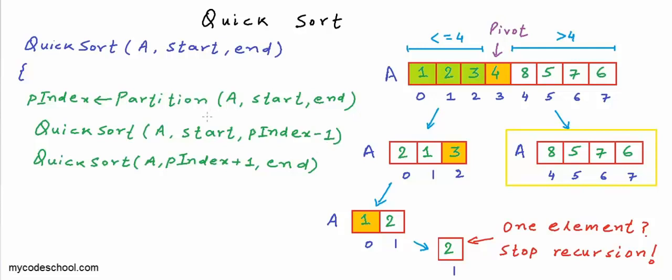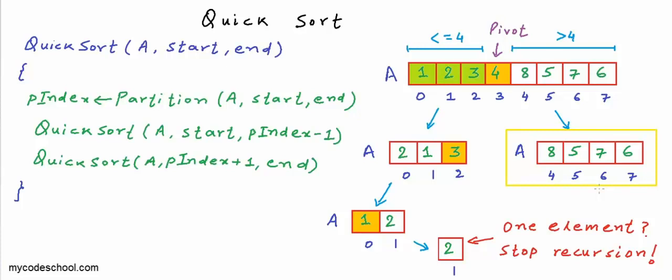So first call is for segment start till partition index -1, and another call is for segment starting partition index +1 till end. There is only one thing remaining here now.